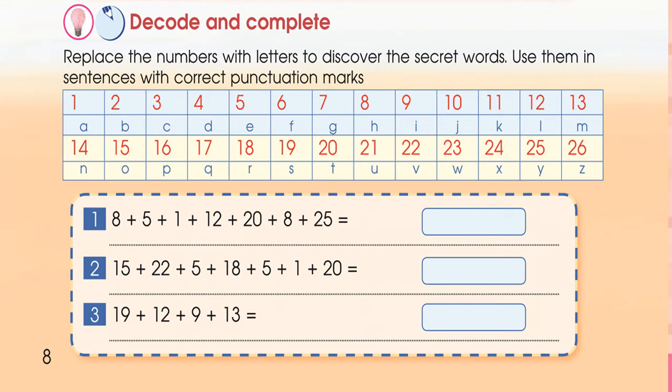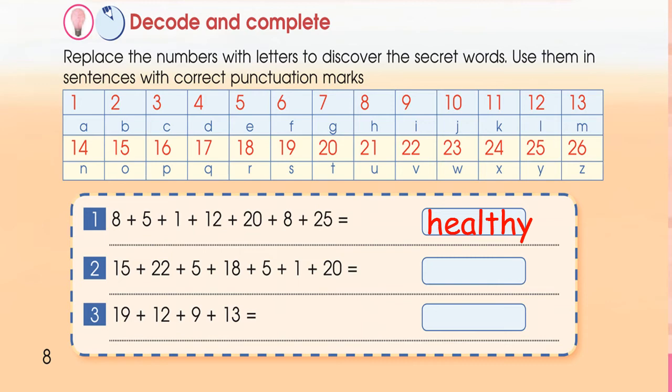Number 1: 8 plus 5 plus 1 plus 12 plus 20 plus 8 plus 25 equal healthy. Healthy. For example, 8 has a letter H. Okay? So we are going to collect these letters from these numbers to build a word.